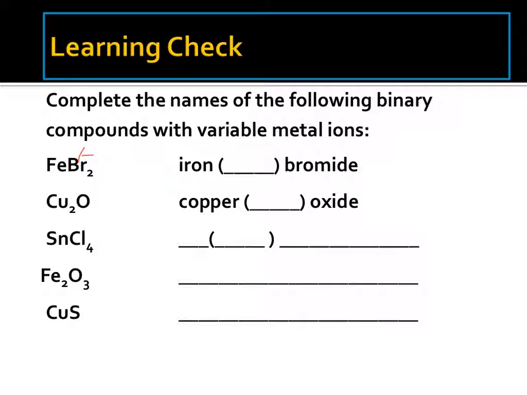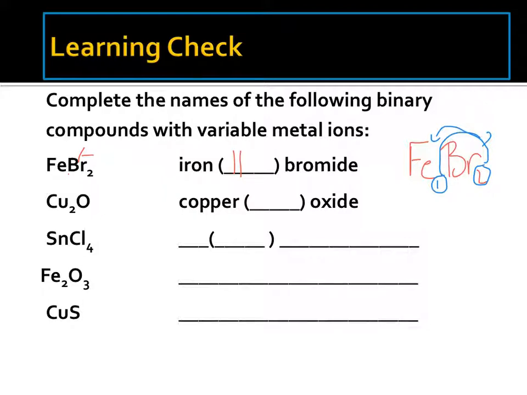So if it took 2 bromines to take the electrons from iron, it must be iron 2 bromide. You can also think of it like this. FeBr2: the subscript of bromine tells you the charge of the iron, and the subscript of iron, which is just an imaginary 1, tells you the charge of the bromine, which you know because it's always 1.